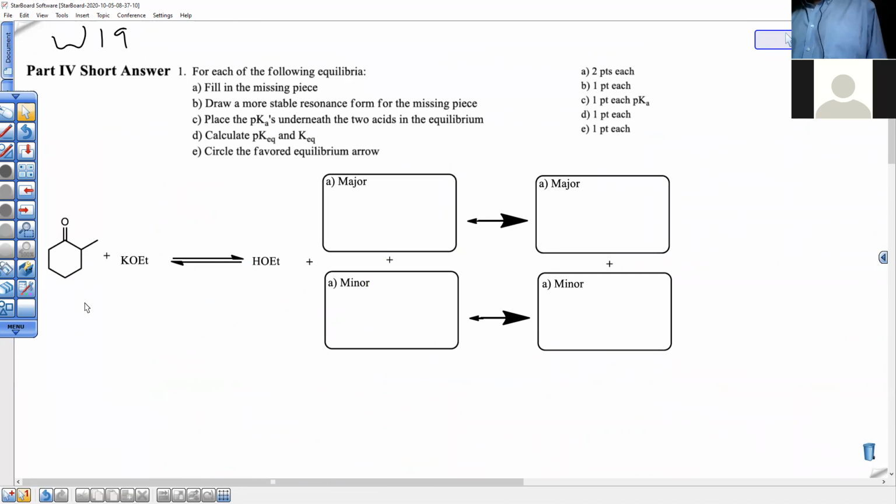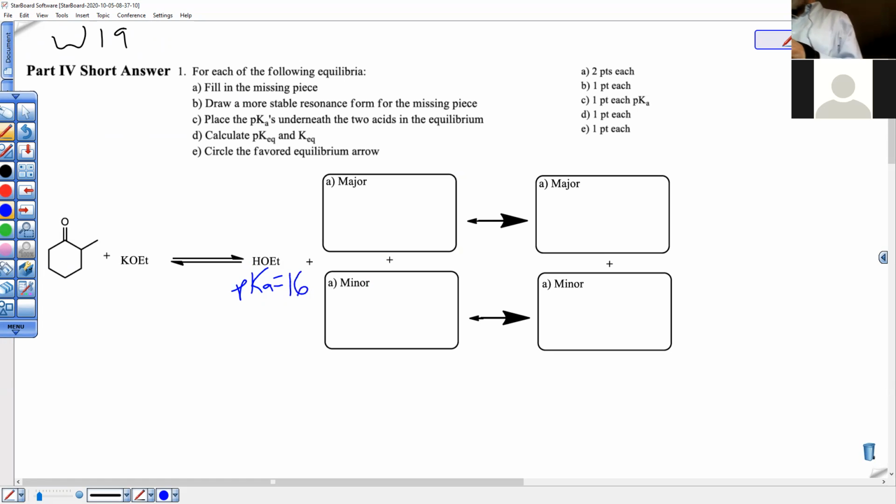So your two choices of alpha H's after you identify that the acid is here. Now, normally we think of alcohols as pKa 17 to 18. I don't emphasize this too much, and you would get full credit for saying 17 right here, but I cannot, as an organic chemistry instructor, pretend that ethanol or methanol have a pKa of 17 when they have a pKa of 16.